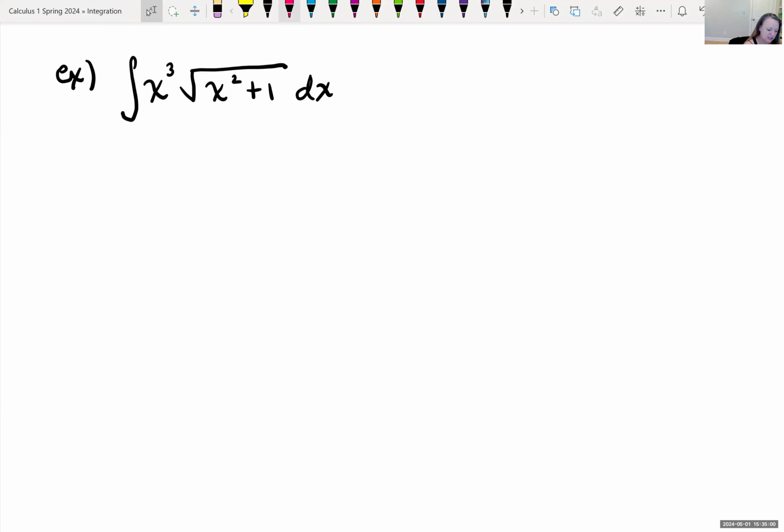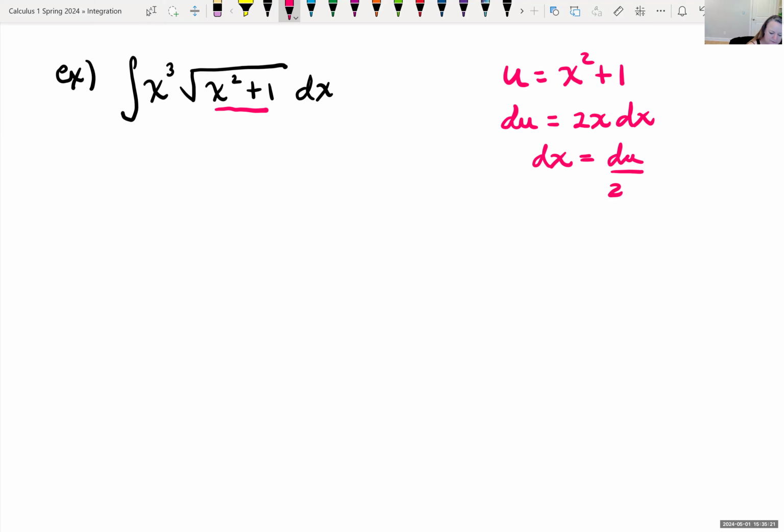So again, let's just choose u to be what's underneath the radical, which is called the radicand, x squared plus 1. Differentiate both sides, we get du equals 2x dx. So dx in this case is du over 2x.